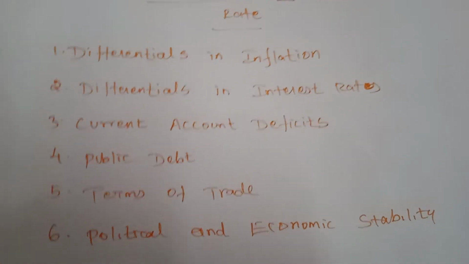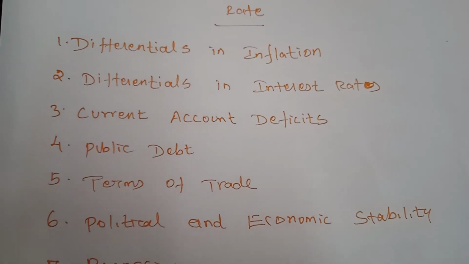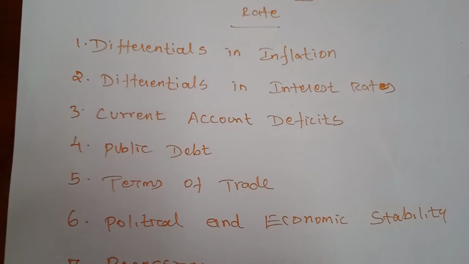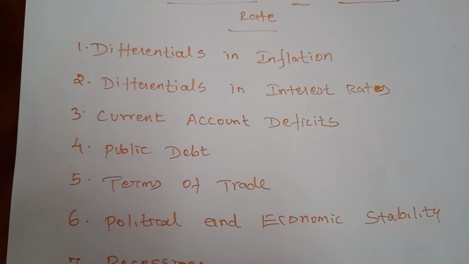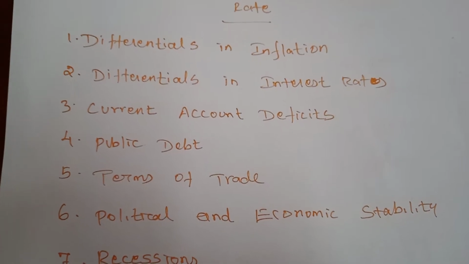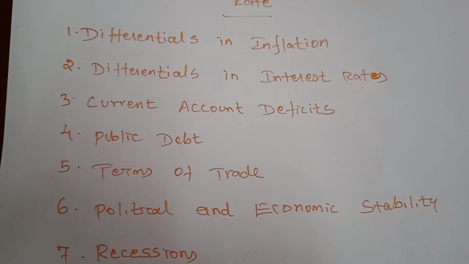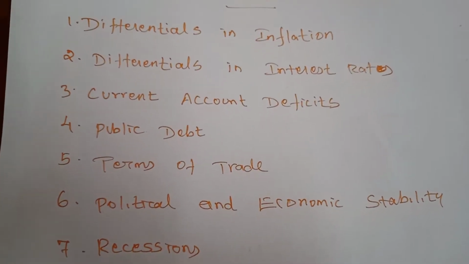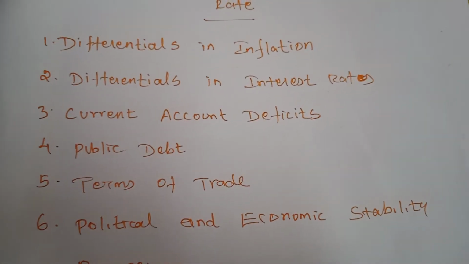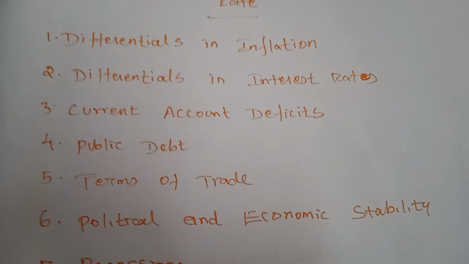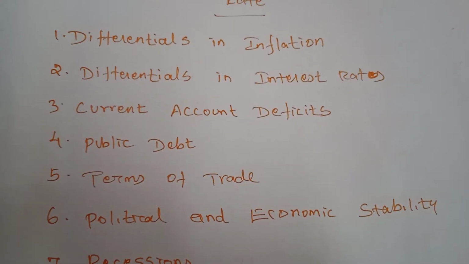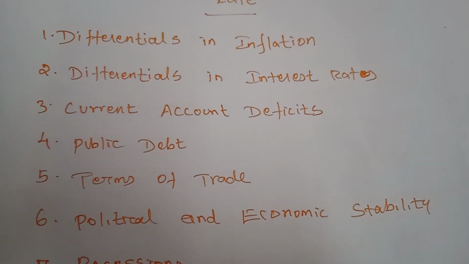Next, differentials in interest rates. There is a high degree of correlation between interest rates, inflation and exchange rates. Central banks can influence both inflation and the exchange rates by manipulating interest rates. On the basis of inflation and deflation times, the central bank will take some efforts in lending money to entrepreneurs.